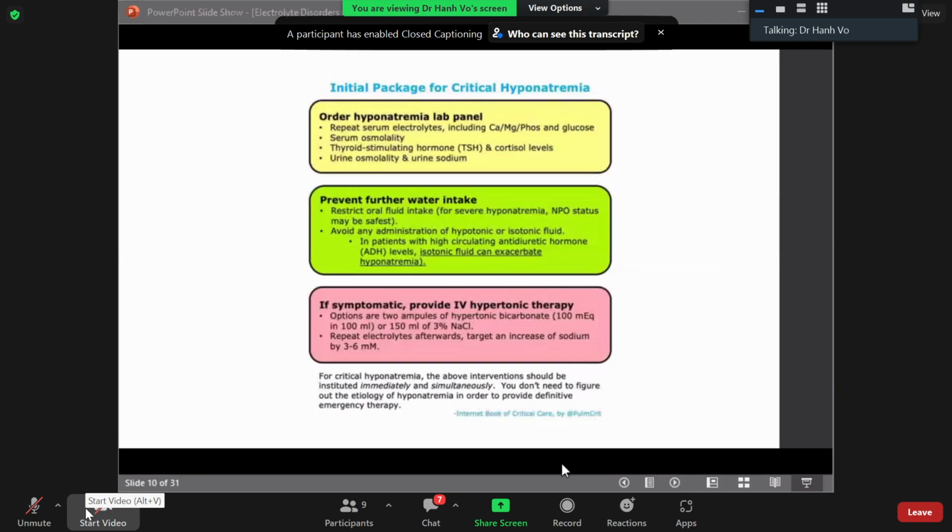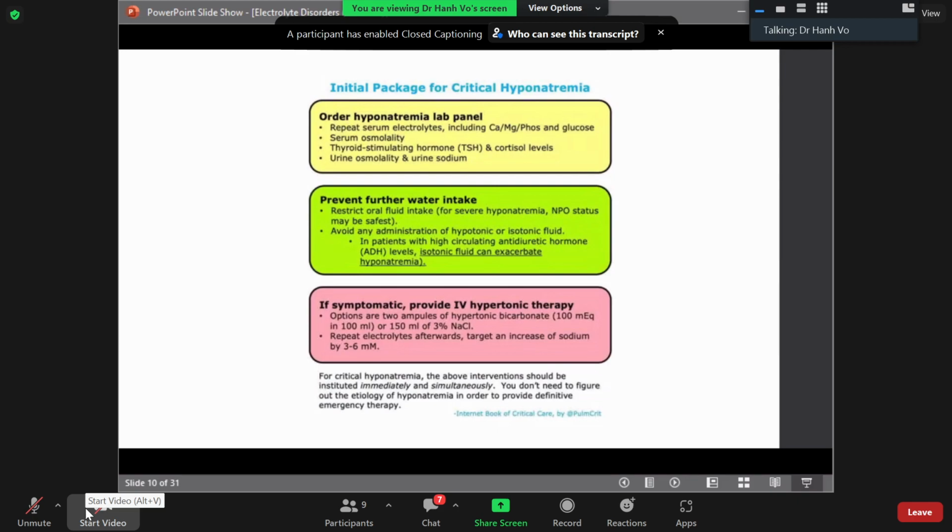And this is an initial approach for critical hyponatremia. After we check the sodium level and it's low, we will check the serum osmolality, urine osmolality, and urine sodium.